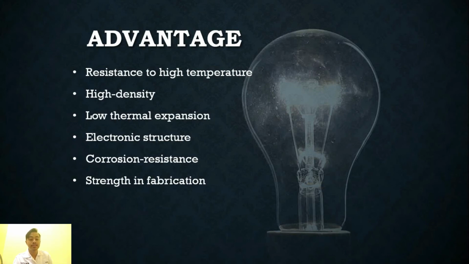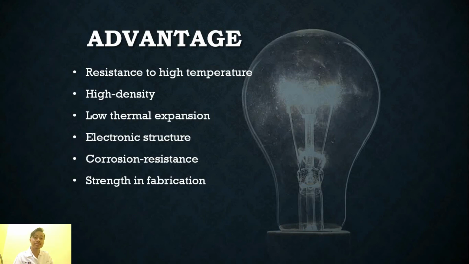Next is corrosion resistance. Some body parts or accessories, especially for airplanes, helicopters, and also ships that are exposed to water and acidic conditions from rain and from the sea, encounter a corrosive environment.